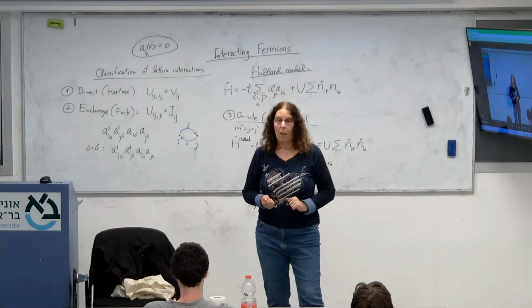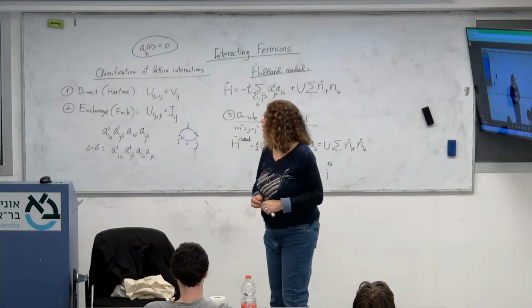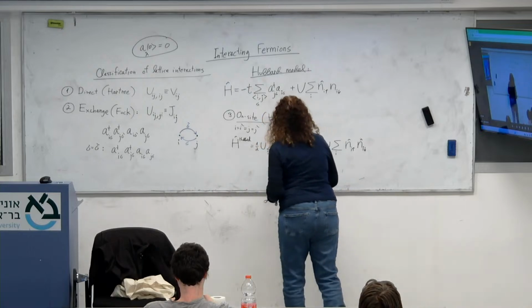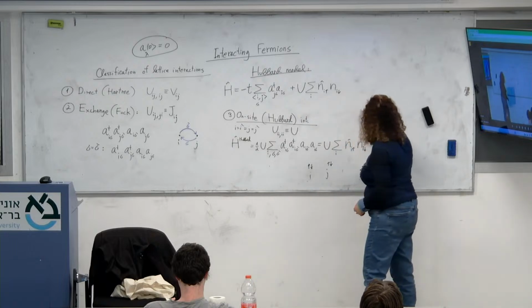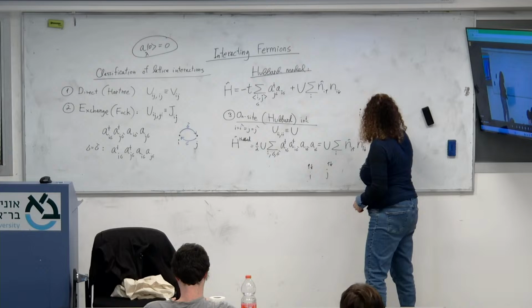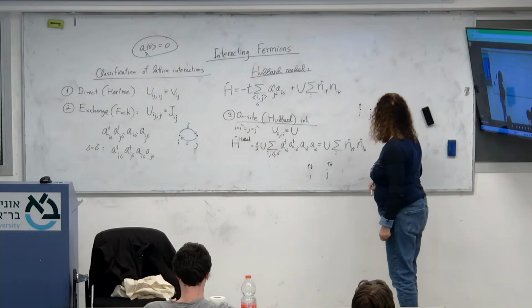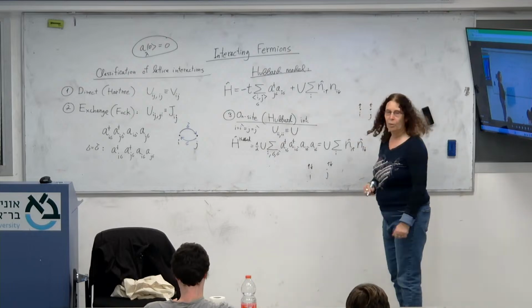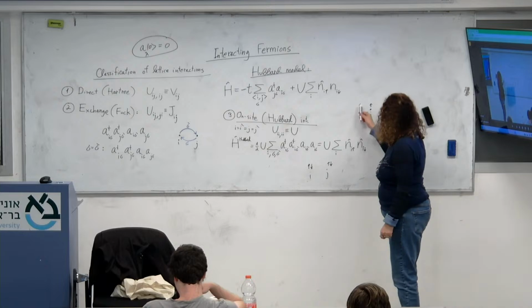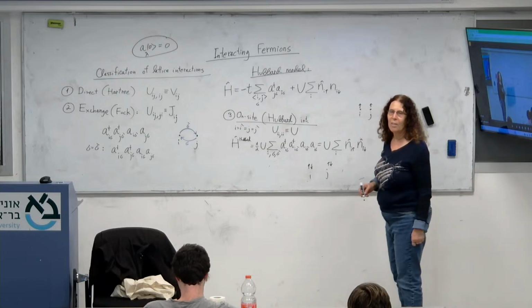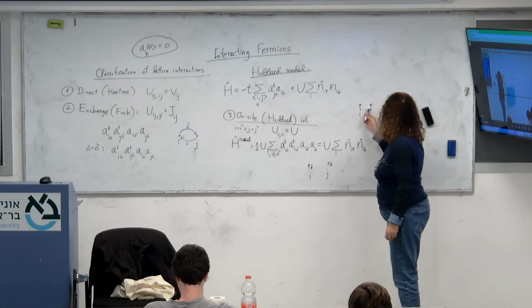Such a hopping is possible only if the neighbor site allows it. So let's say I have some site i and j, and here I have an electron with spin up, and here I have also an electron with spin up. That's not good. Why? Because then you cannot jump.